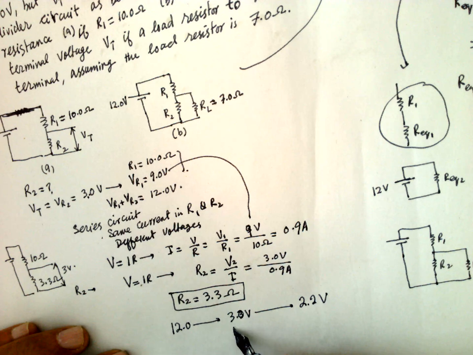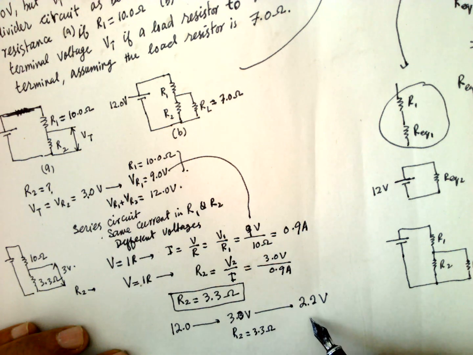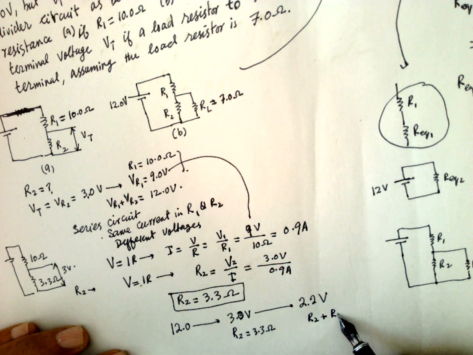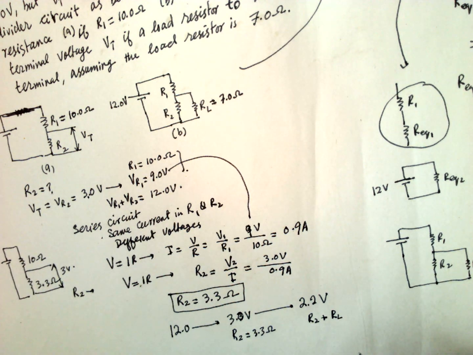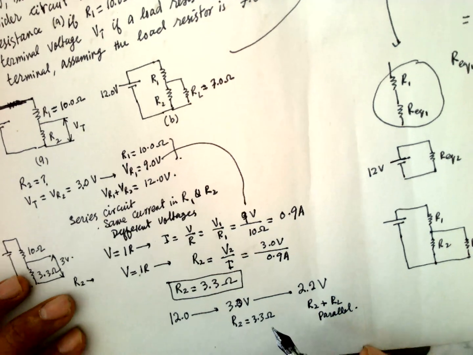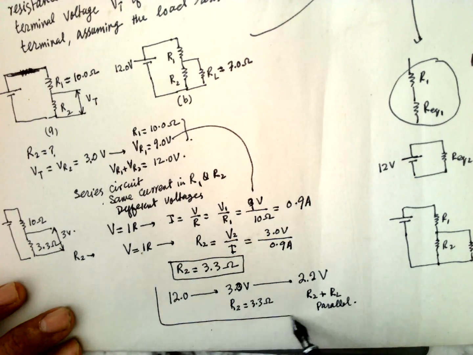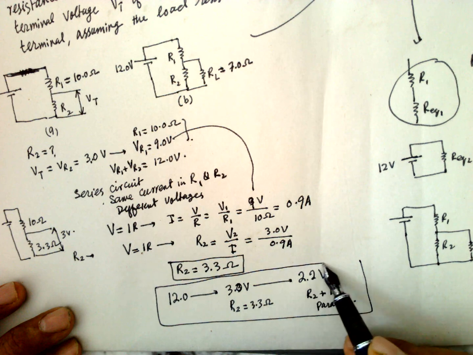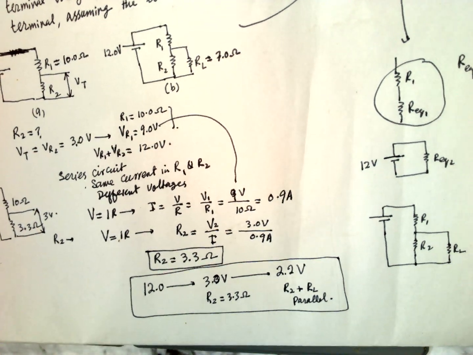So using R2, which is equal to 3.3 ohm, and R2 plus RL in parallel, we can reduce it to 2.2. So this is the conclusion of potential divider.